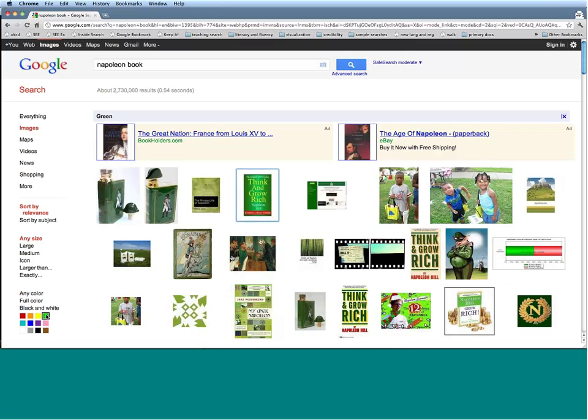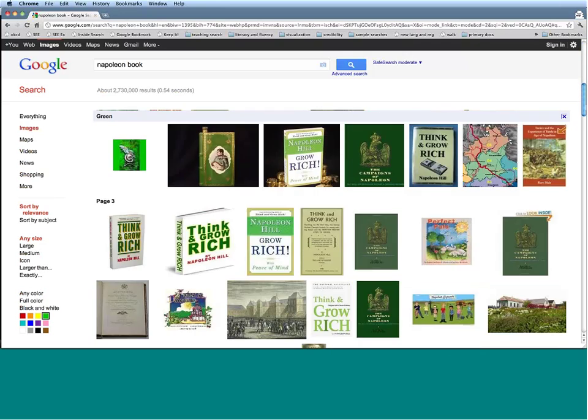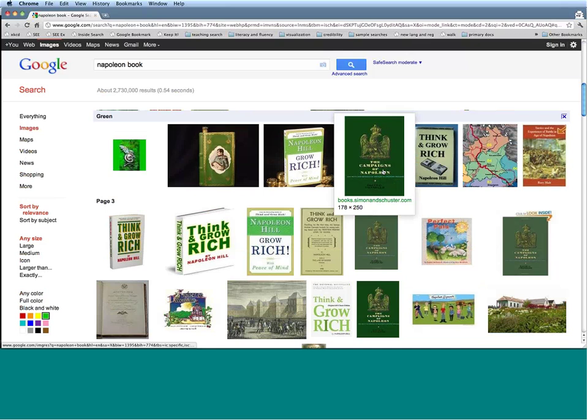Here now, I see a bunch of images matching Napoleon and book, and when I scroll down, indeed, I start seeing the book that I was looking for. And here is the cover. It's the Campaigns of Napoleon, and now I can go to the school catalog and look it up and actually pull the book and read it.